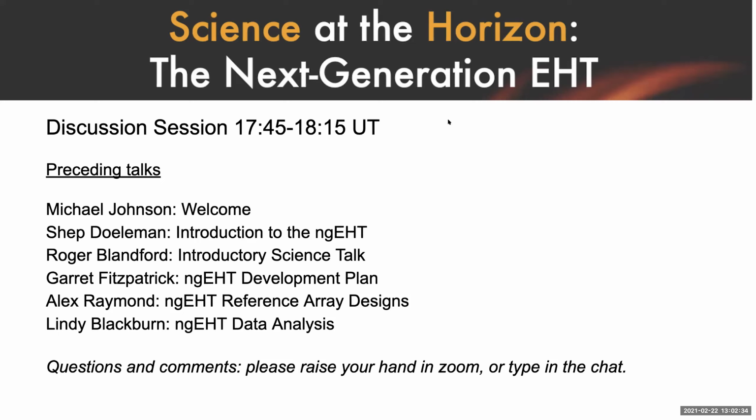The second would be what could be changed if there was a great motivation to do so. So if there was a strong science case that something had to be different, what is possible to change in that way? And then last is what are those things that are cast in stone now that we really can't modify going forward? They're just part of the general concept of the project.